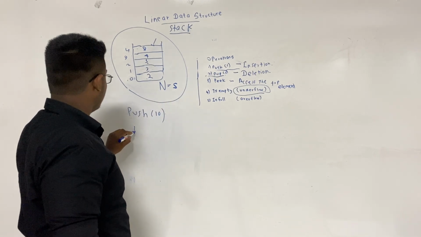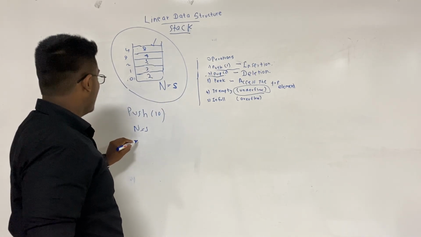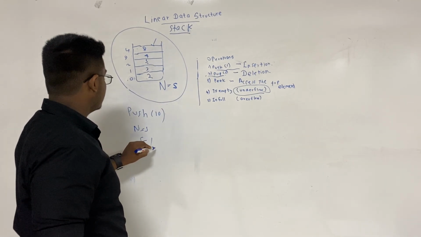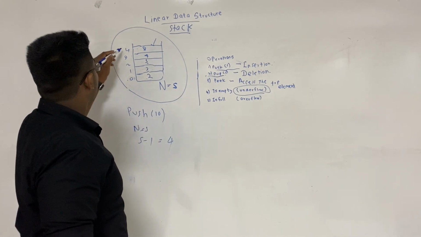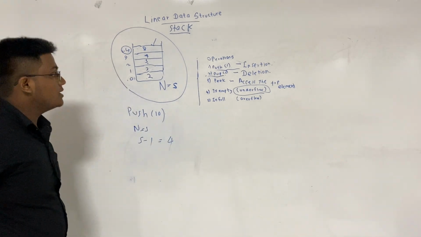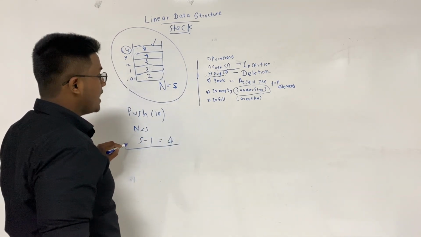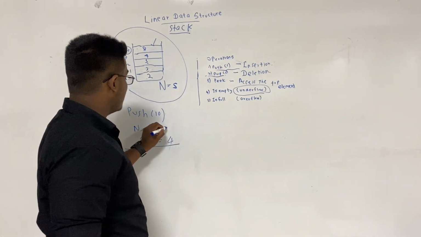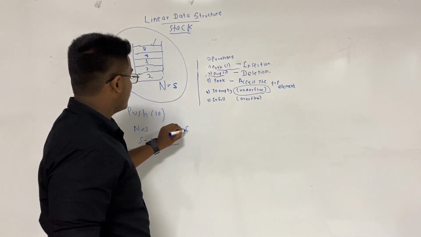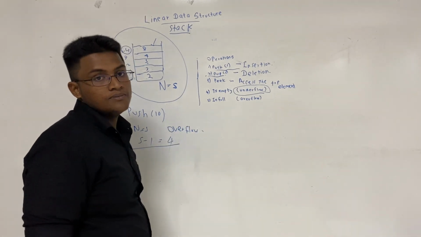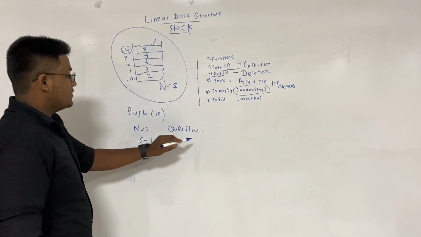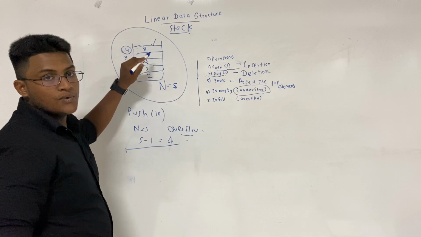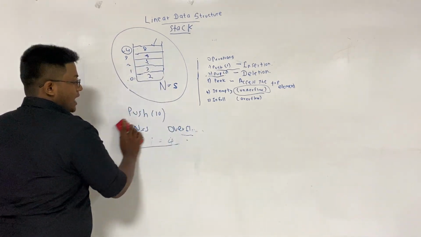N is equal to 5, so n-1 is 5 minus 1, equal to 4. That means the stack is full and the overflow condition will occur. Overflow will occur when the stack is full.